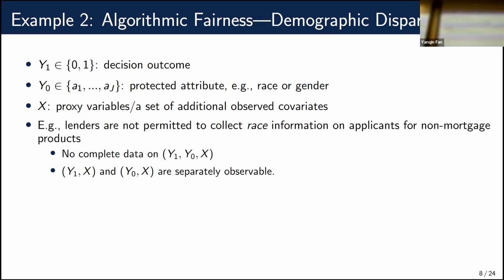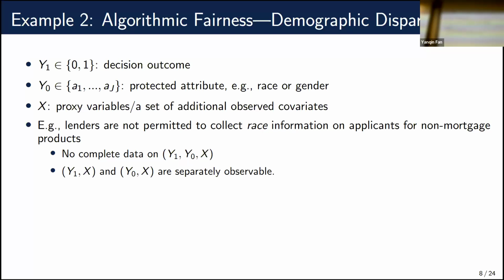It doesn't really matter. Now, in this setup, because of fairness issues, the decision outcome and the sensitive class attribute are not observed in the same sample. So there's the main sample that contains the decision outcome and other characteristics, but then there's an auxiliary sample which contains the observations on the sensitive variable and also other characteristics.